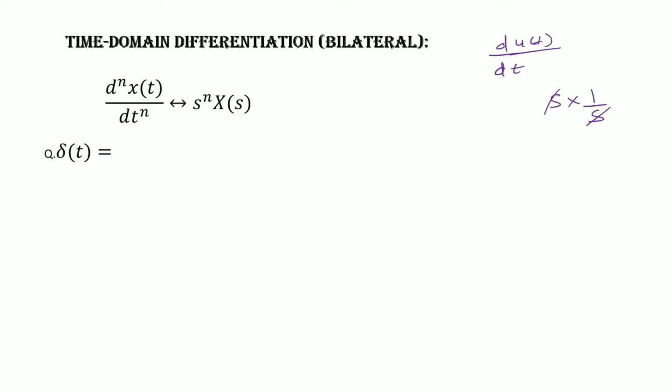Okay, suppose a simple question, delta of t, so try by yourself. I have given a hint over here. Pause the video and try to solve it on your own.